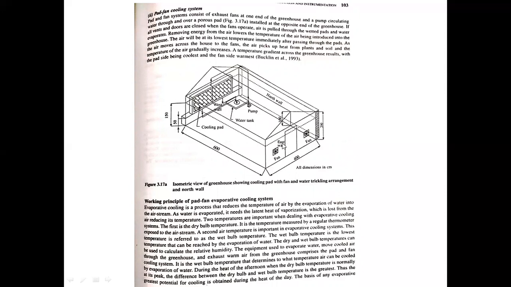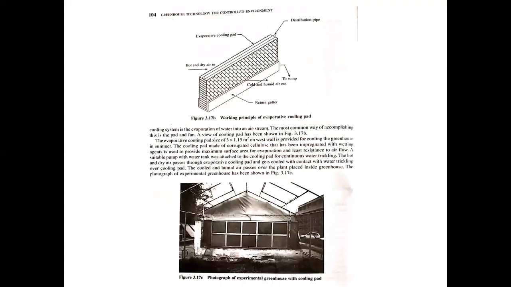Okay, so this exhaust fan removes the warm air from this end and the cool temperature is maintained inside the greenhouse. Okay, so all these processes are explained in this type.